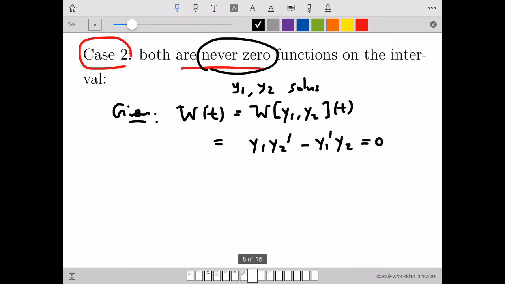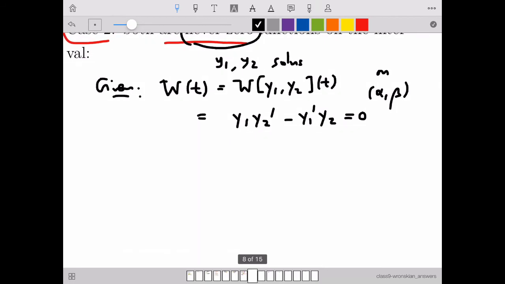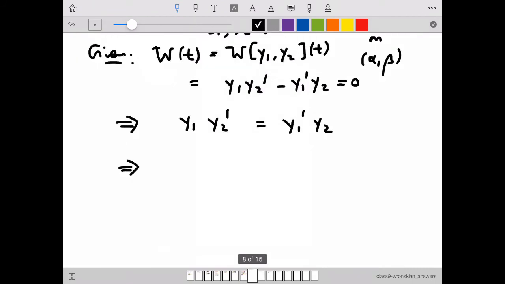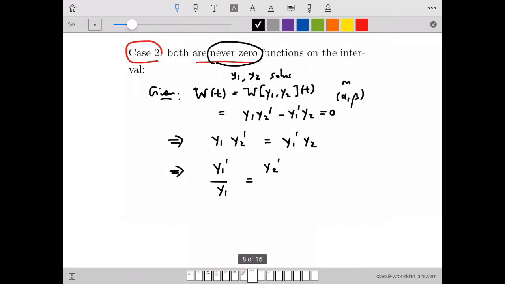We know that this is zero on this interval (alpha, beta). So that tells us that y1 y2 prime is equal to y1 prime y2. In other words, y1 prime over y1 equals y2 prime over y2.